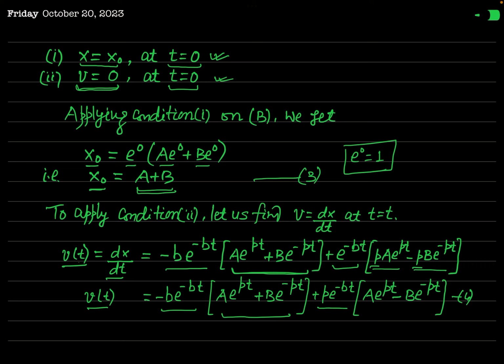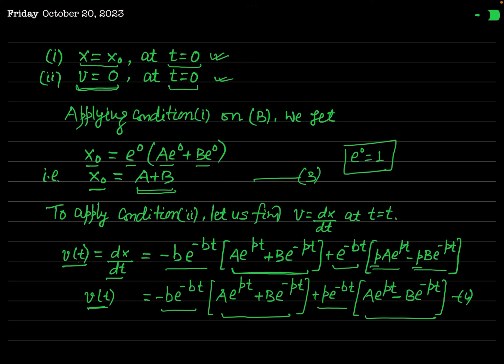So p has been taken as a common factor, and the second term becomes p times e to the power minus bt times a times e to the power pt minus b times e to the power minus bt. So this is the velocity of our oscillator at any time t.